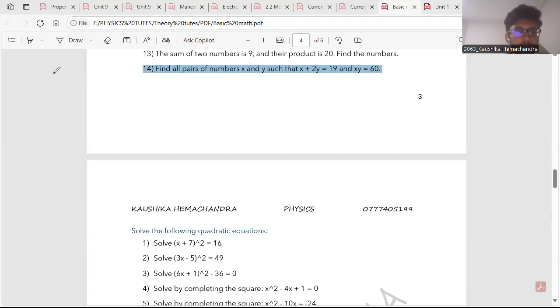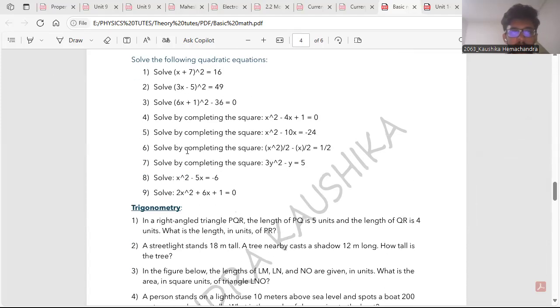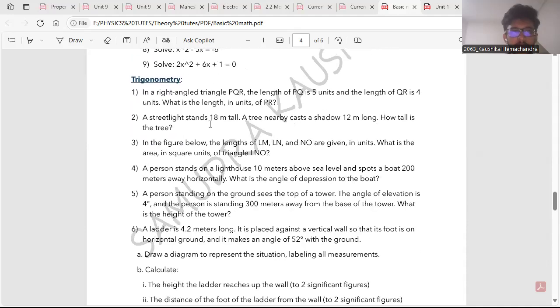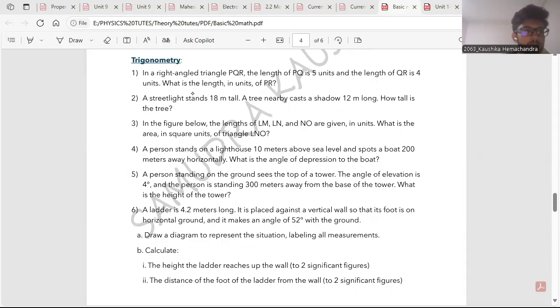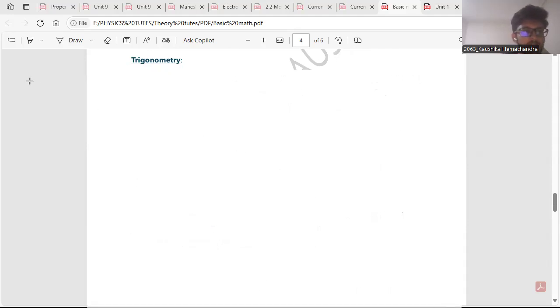Okay. So first we'll write a note and then we'll go into the questions. For physics, we need a pretty basic amount of trigonometry.